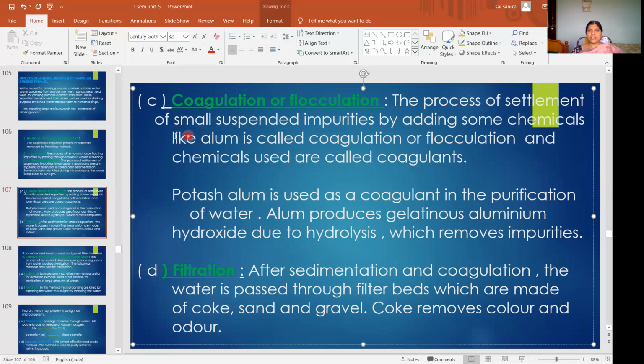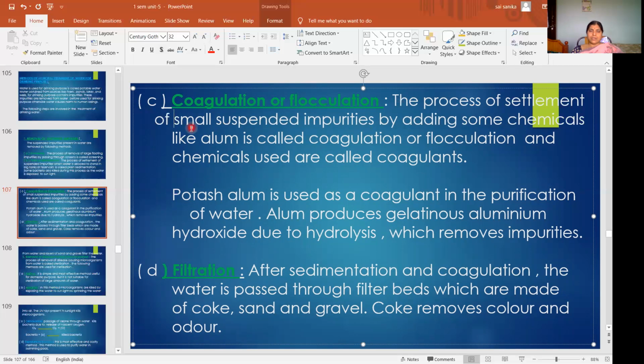The process of settlement of small suspended impurities by adding some chemicals like alum is called coagulation or flocculation. The chemicals used are called coagulants.